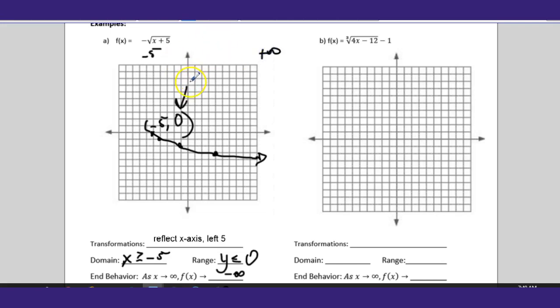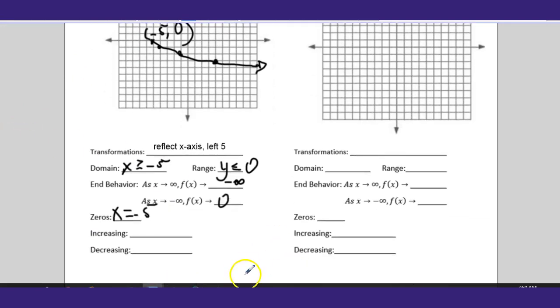I don't know if you guys remember from last semester where we would have negative infinity way out here and positive infinity right here. Well, here the graph starts right here at negative 5. All right, and then from here it just decreases. So we're going to say that the decrease is from negative 5 to positive infinity. All right, and then there's none. There's no increase, okay?